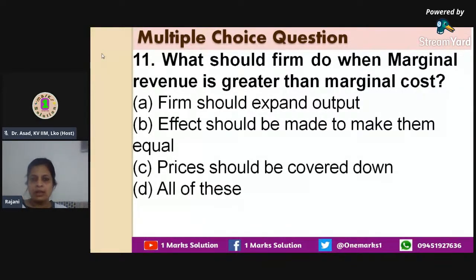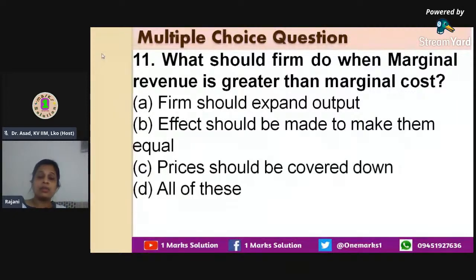We know the profit maximizing condition is MR equals MC, right? Here MR is greater than MC. So what can the firm do? In this situation, the firm should expand output, or an effort should be made to make them equal, or price should be cut down, or all of these.